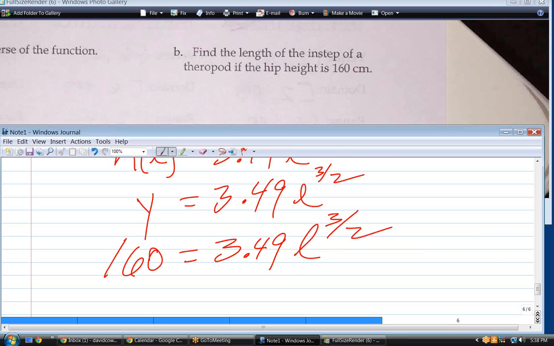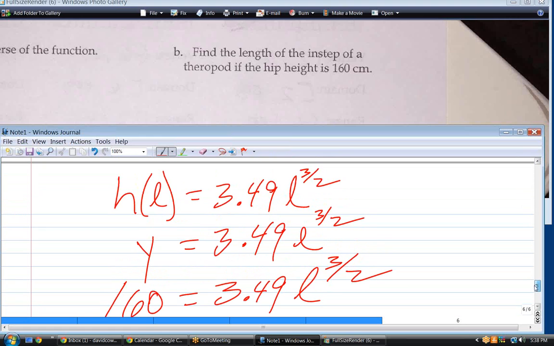Remember that the inverse function is not the same as the original function. Remember, I switched the variables before I solved for the other variable. So that inverse function has nothing to do with this question. This question, you use the original function that related the hip height to the length of the instep.